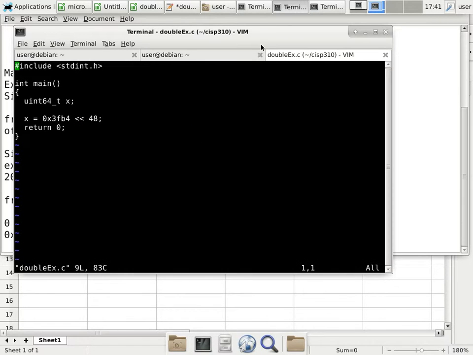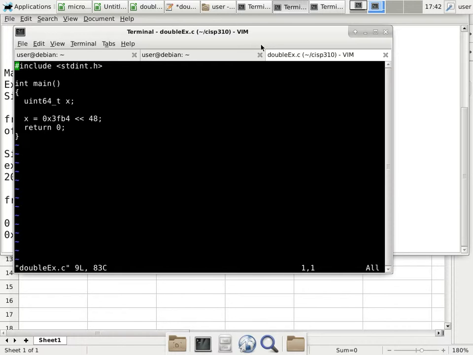That means the 0x3fb4, which is a literal integer, is by default just a 32-bit number. What happens when you shift 48 times and apply that to a 32-bit number? You end up with 0. So that's what the compiler is complaining about: hey, you have a 32-bit number, it makes no sense to shift it 48 times. I can do it for you, but you just end up with a 0. Are you really sure this is what you want?